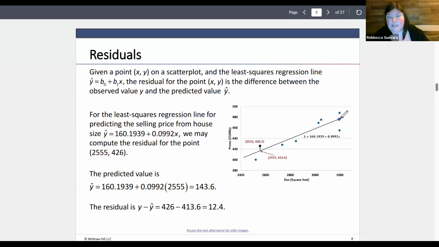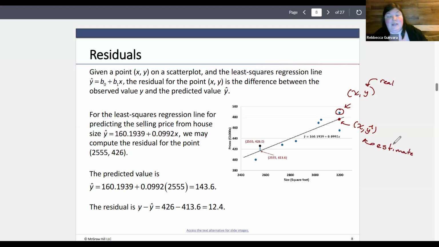So remember that I said if I found a point here, let's not use blue because I already have blue. This point here directly on the line is going to be representing x and ŷ. So I put in whatever x is and I get a ŷ back. This point here is x and y. So this y is the real value that we had from the data, and this ŷ is an estimated value.